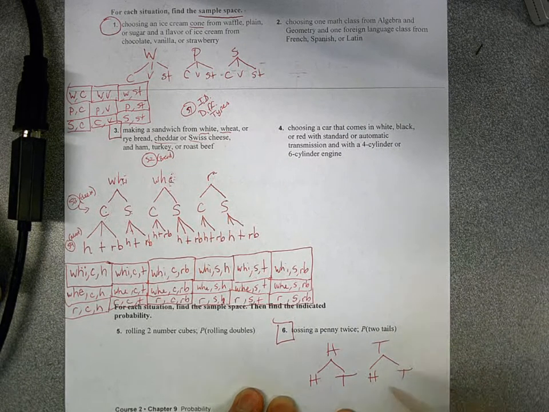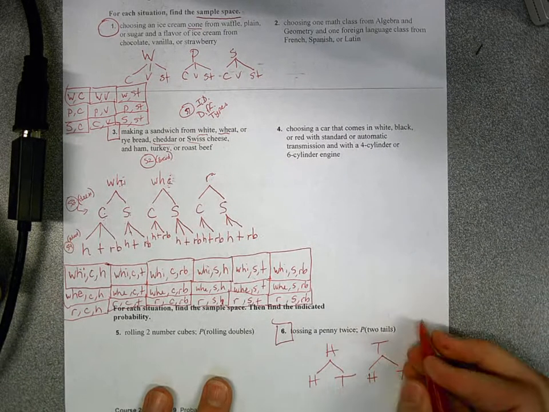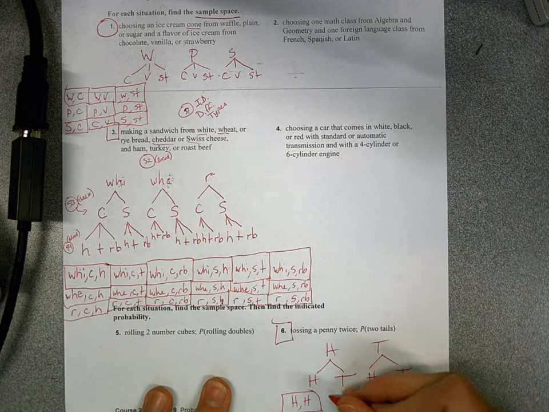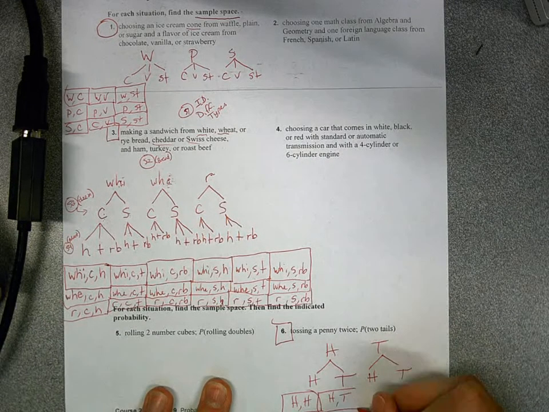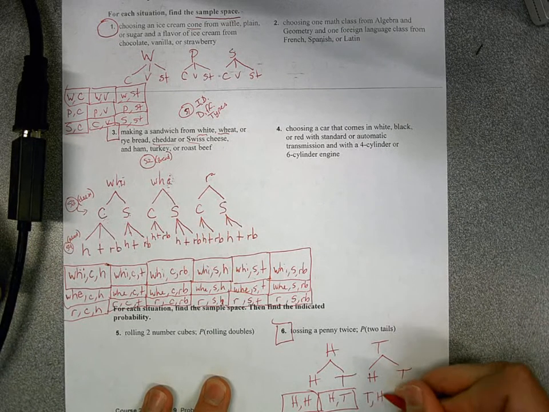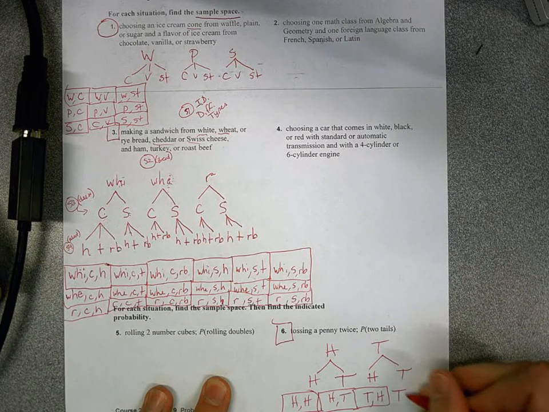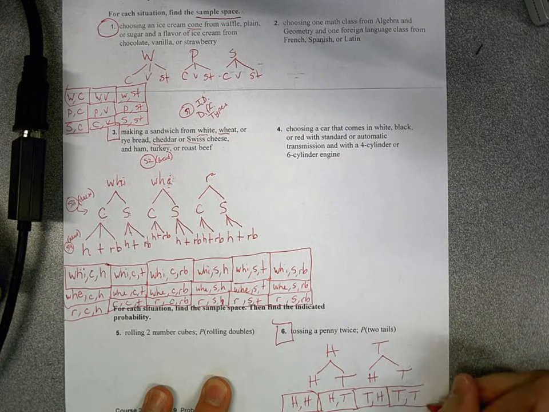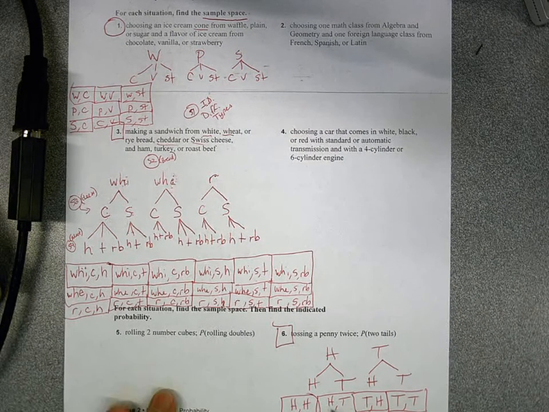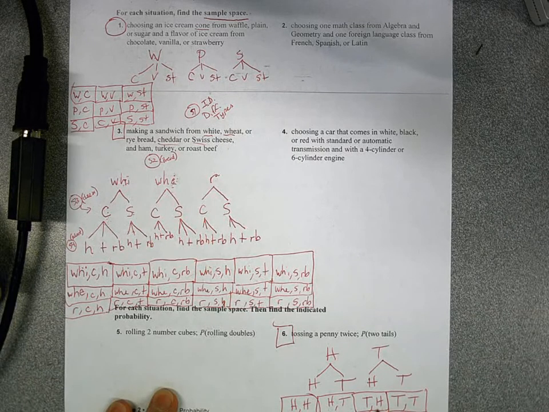So our sample space is heads then heads, heads then tails, tails then heads, or tails then tails. Even though there's an HT and another HT, they're different because of the order that it was flipped.